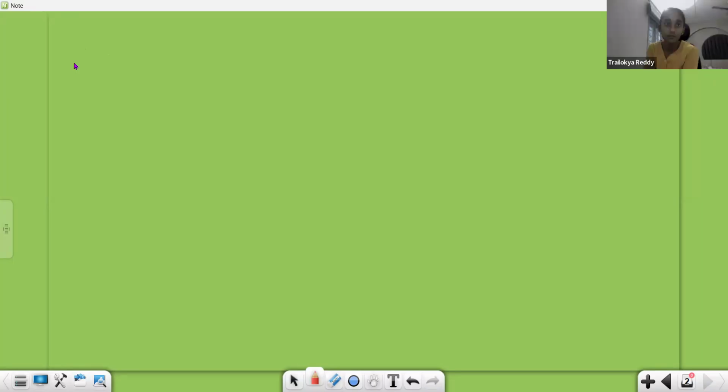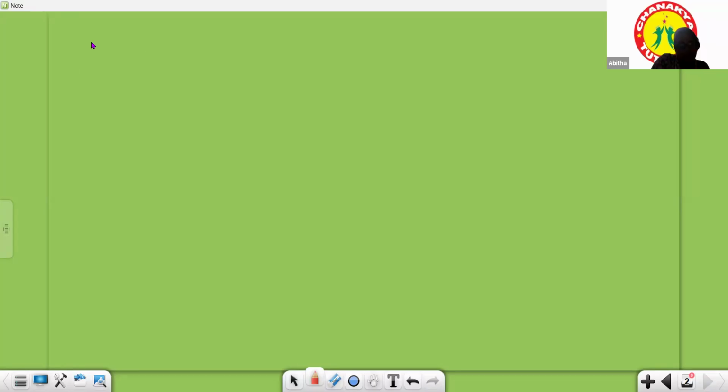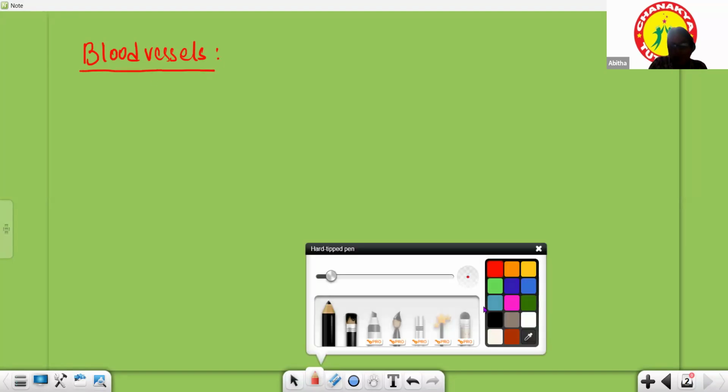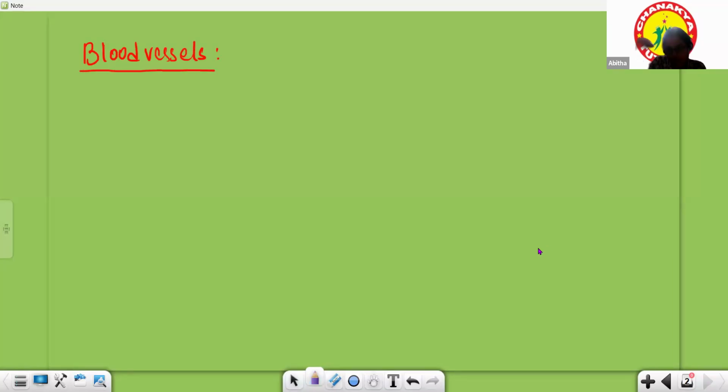Yes, ma'am. Okay. Then the next one is blood vessels. So what are blood vessels? The arteries, capillaries, veins, everything together is collectively called blood vessels. The main role of blood vessels is to carry blood all over the body.